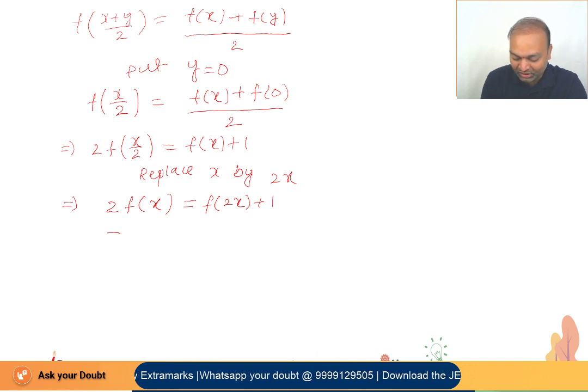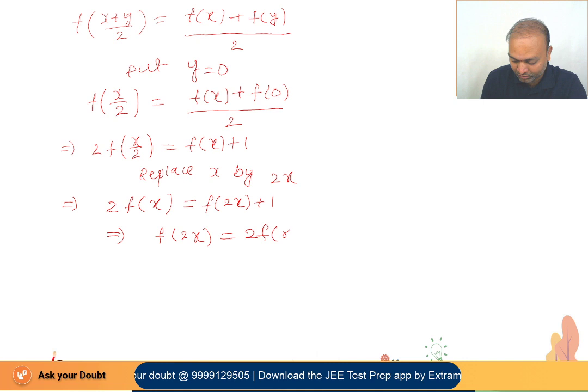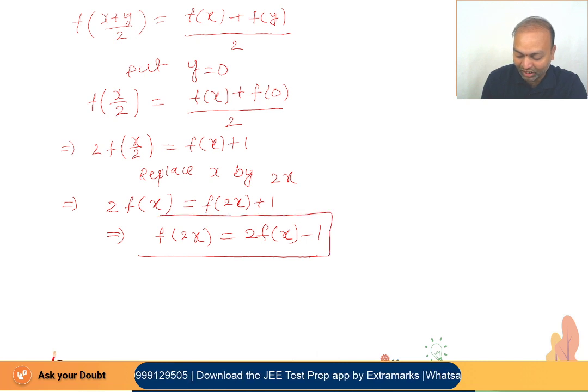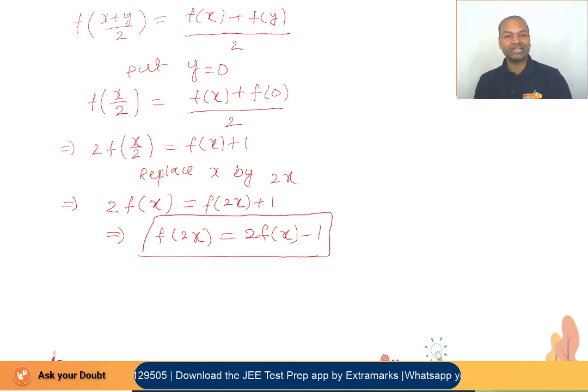That implies f of 2x is equal to 2 times f of x, plus 1 becomes minus 1. See here, we got the f of 2x value. Correct or not?